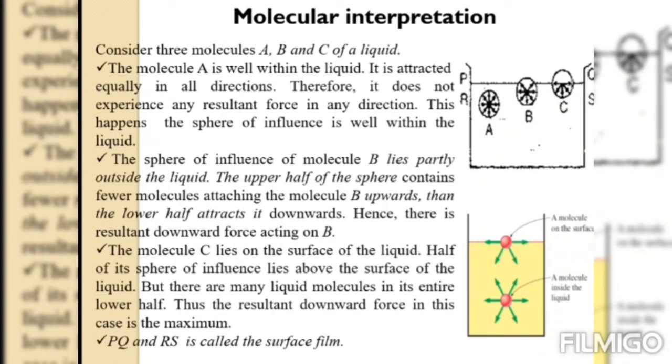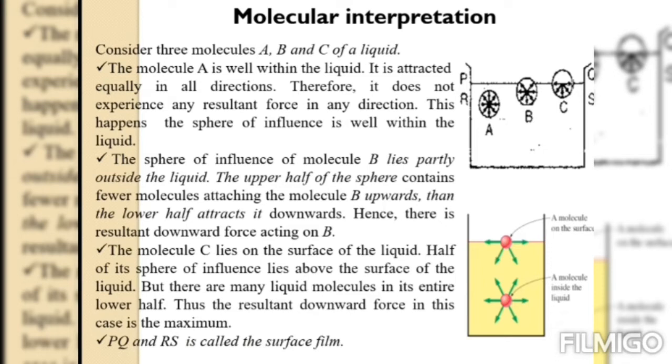Next we see the molecular interpretation. Here, consider three molecules A, B and C of the liquid. The circles around them indicate their respective spheres of influence. The molecule A is well within the liquid, so it is attracted equally in all directions by the other molecules lying within its sphere of influence.